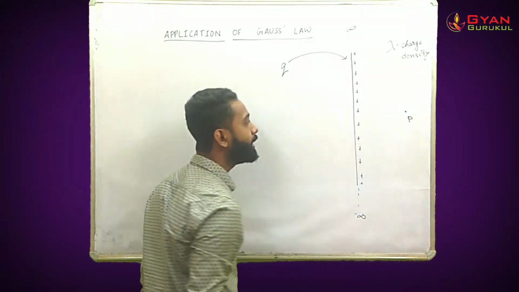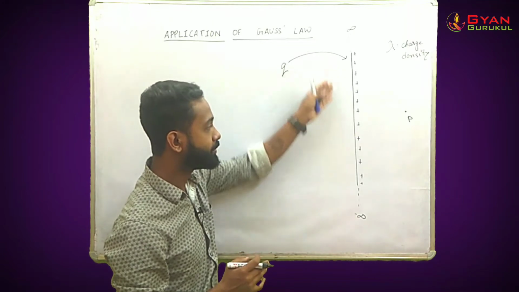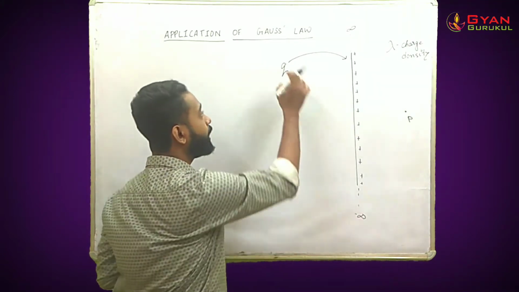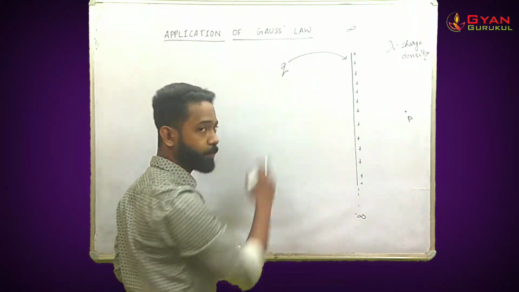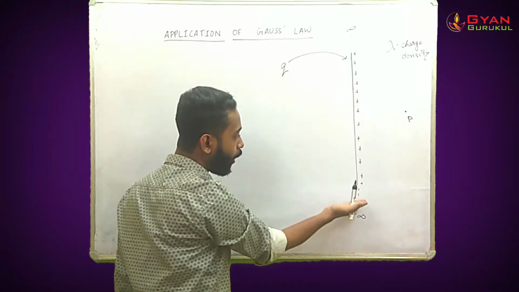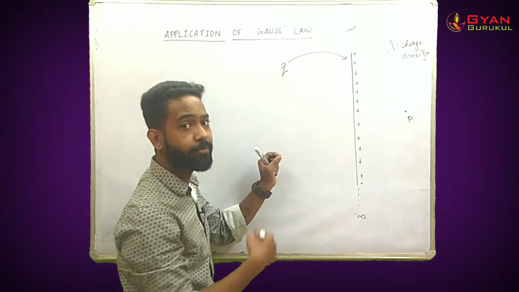If we need to find the electric field at that point, we cannot use the formula for a point charge, because right now this charge is not behaving as a point charge; rather, it is given uniformly all along the length of the wire. So we need a different expression.